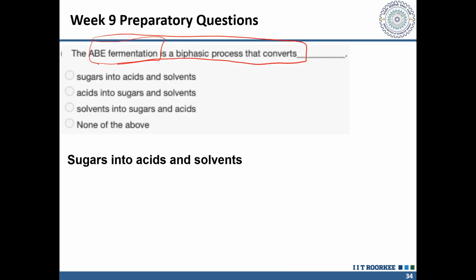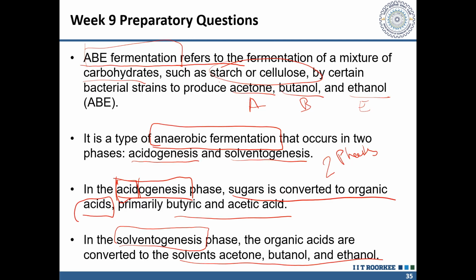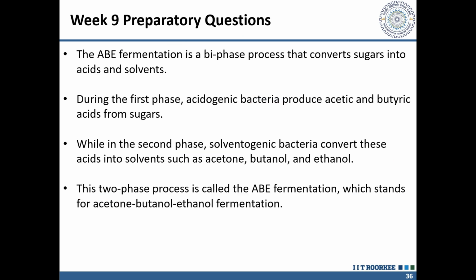Now, if we go to the question, ABE fermentation is a biphasic process. Biphasic because it has two phases, acidogenesis and solventogenesis, that convert sugars into acids and solvents. I hope the ABE fermentation method is clear.